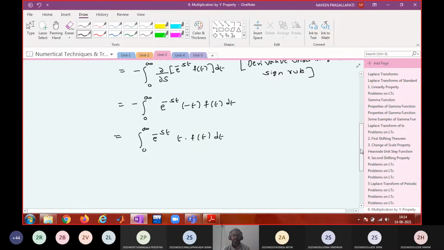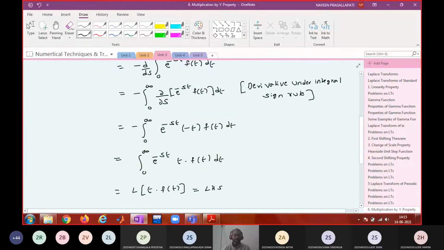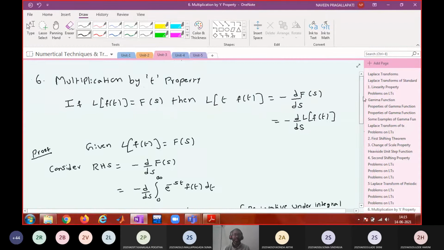So this is nothing but Laplace transform of t f of t, which is our LHS. So whenever f of t is multiplied with t, you can use multiplication by t property.